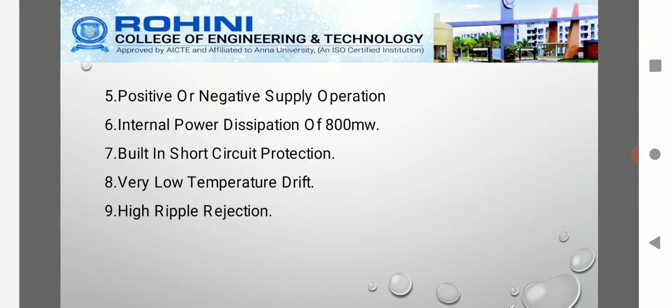So here you can see the other features, that is positive or negative supply, internal power dissipation, built-in short circuit protection, very low temperature drift, and high ripple rejection. So mainly why we are using these power dissipated converters, that is it can be divided into three different types. One is grid forming, grid feeding, and grid supporting.